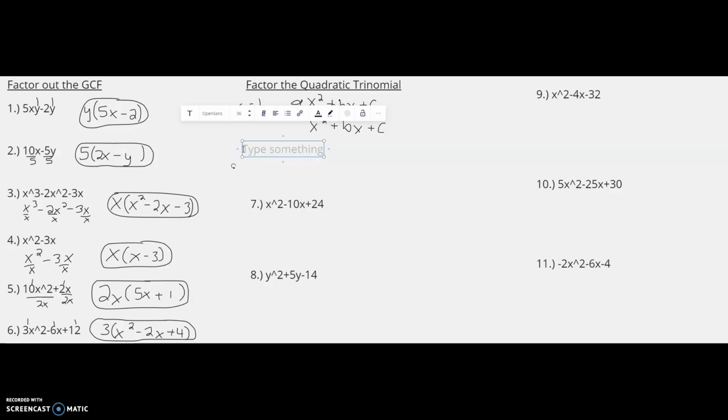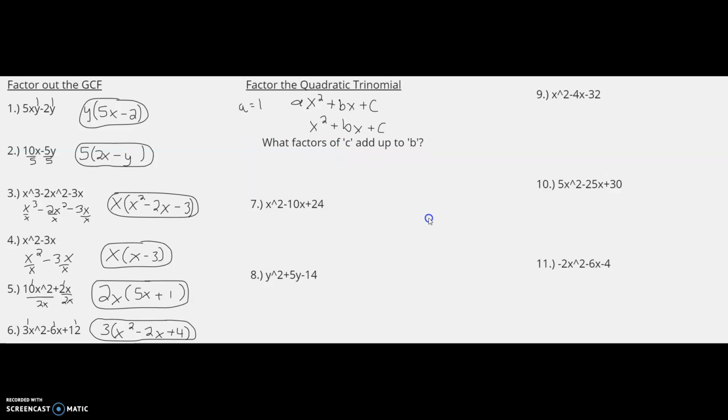Alright, now there's a question we need to ask. Here's the question we ask with these types of problems. What factors of c add up to b? What factors of the c number add up to the b number?